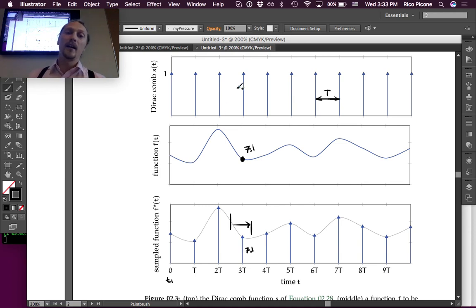Whereas the area under this pulse was just 1. All of them, the areas under them were just 1. But now that they got scaled by this function, now they take on strength associated with the function values. Okay? I mean, I think that it makes total sense.